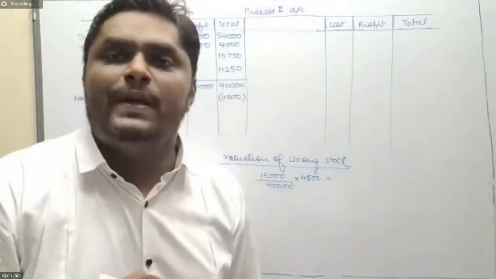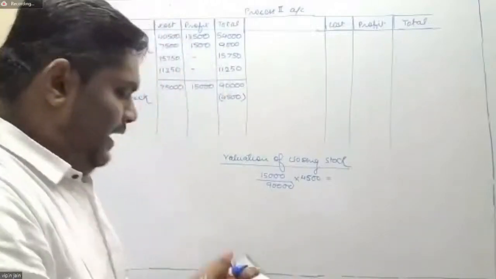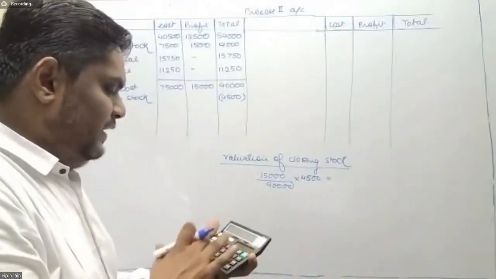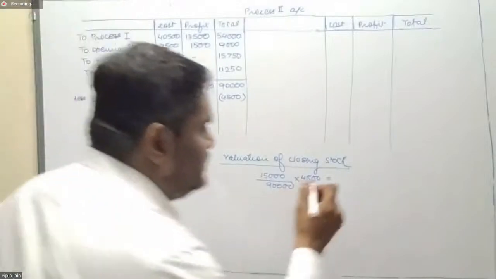So how much will be the proportionate profit on 4,500? And that will be 15,000 divided by 90,000 into 4,500. That is 750.